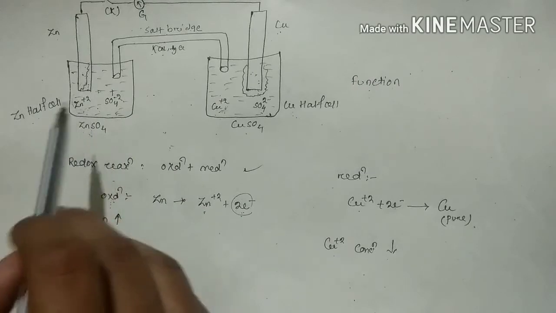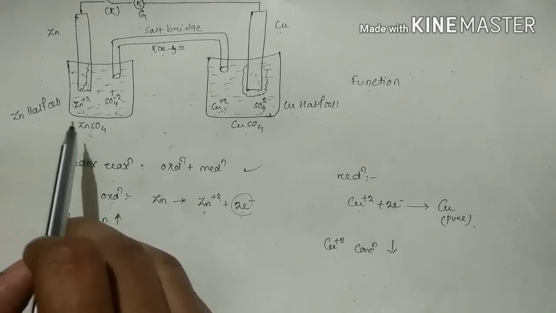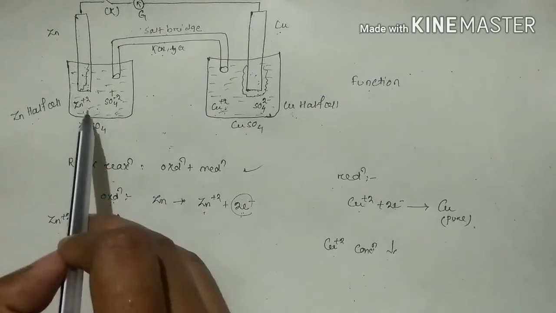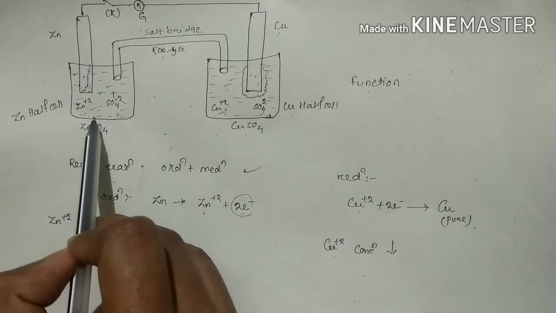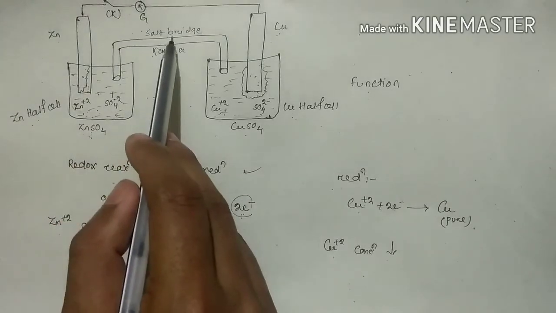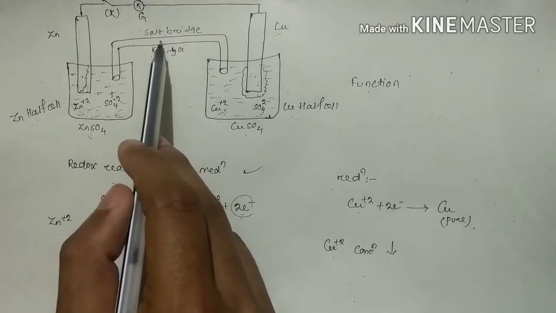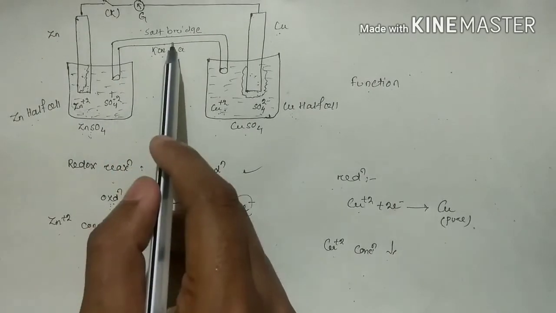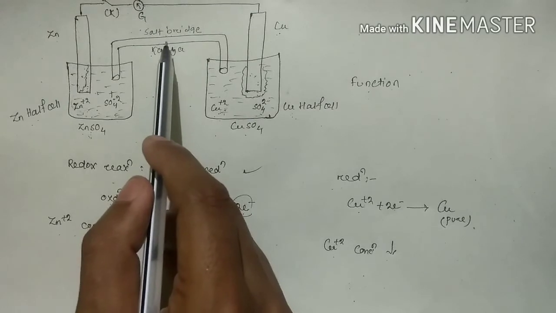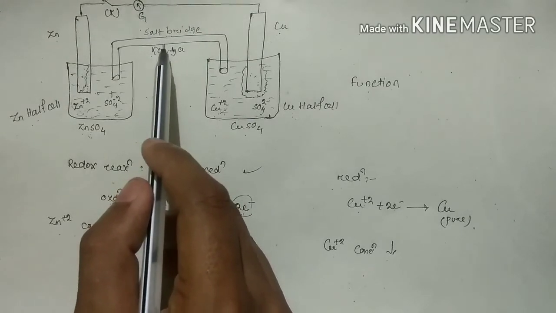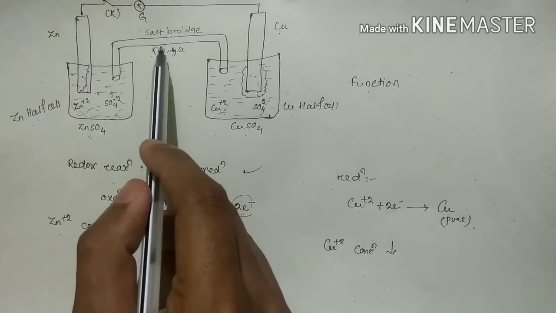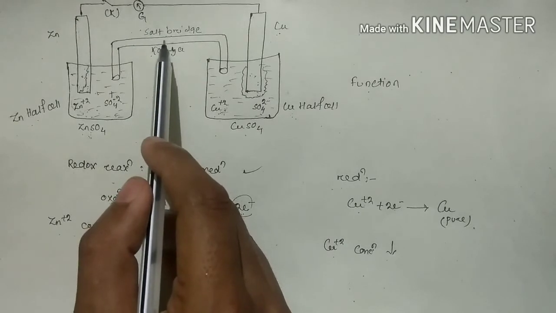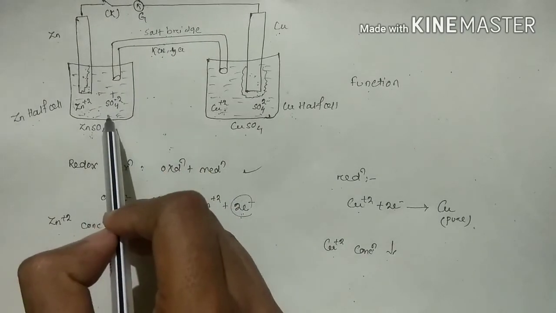We know that during the oxidation reaction electrons are removed from the zinc half cell, and the salt bridge helps in maintaining neutrality. Since the electrons are being removed, the salt bridge has to send negative ions from its electrolyte to this half cell.